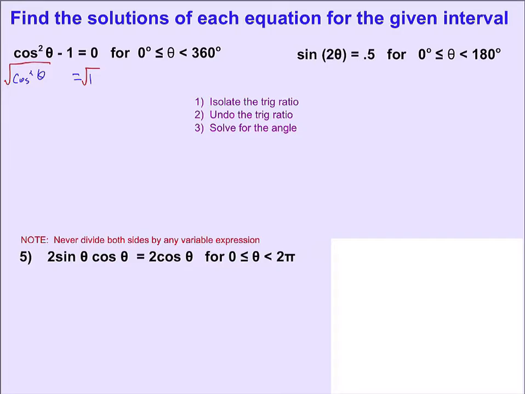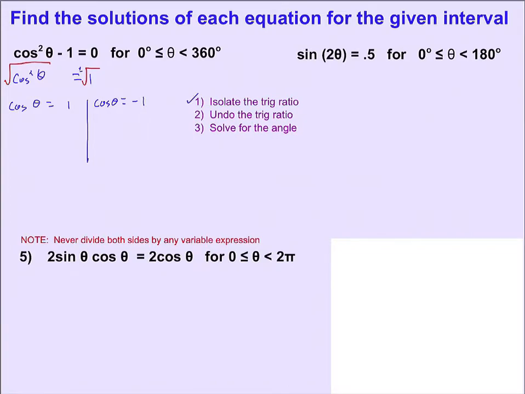So it's really the absolute value of cosine theta equals 1, which means cosine theta either equals 1 or negative 1. So remember to put that plus or minus there, and what that means for us is we actually now have two possibilities. The cosine of theta could equal 1, or the cosine of theta could equal negative 1. And every time we split into multiple possibilities, what we're going to do is kind of write them out separately like that. Okay, we've isolated the trig ratio.